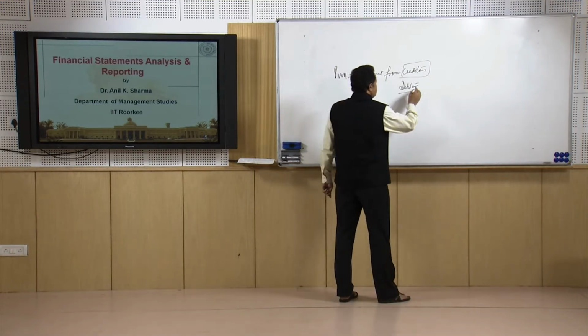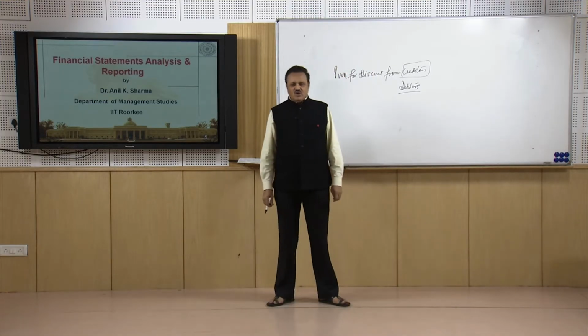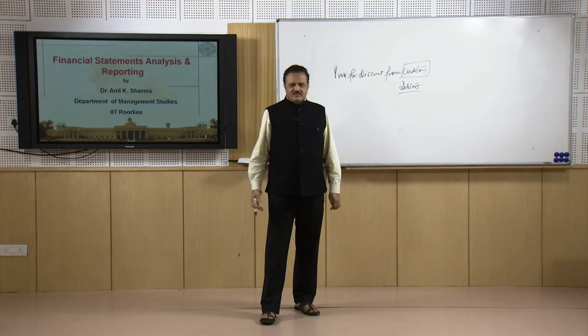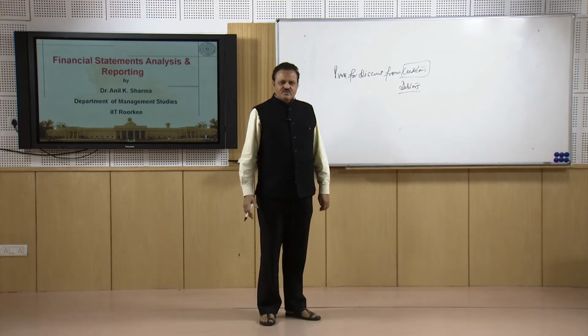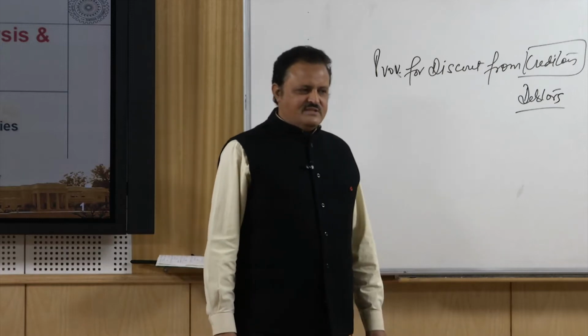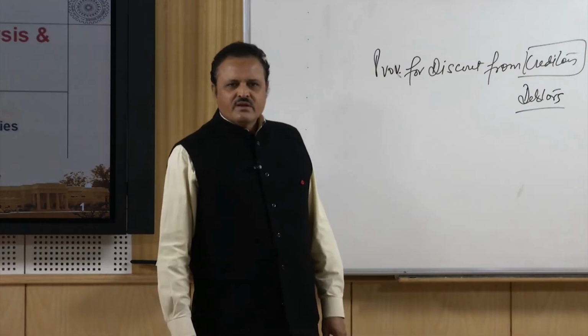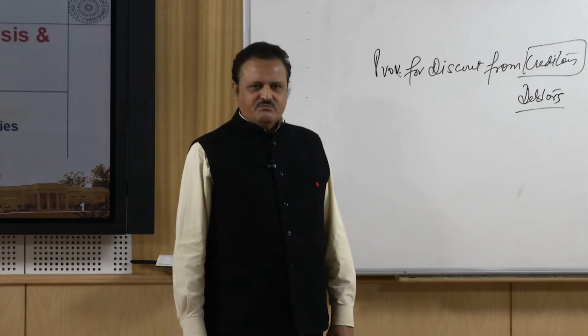Similarly, if the firm is selling its production, its finished goods, on credit and the payment will be received in future, the firm is a seller, and those to whom they are selling are the debtors. But the firm can be a buyer also.